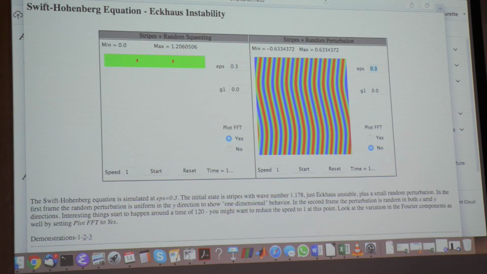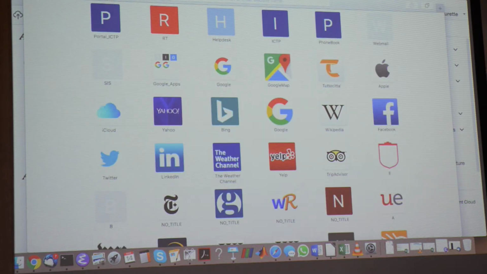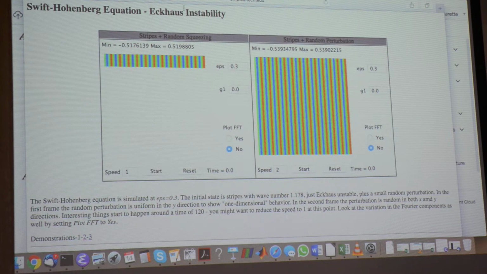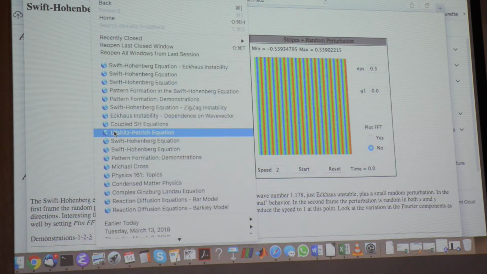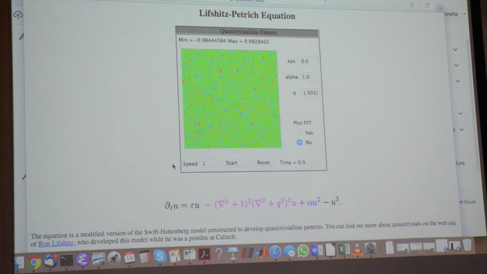Yeah, we did these demonstrations. I told you that the script homework could form quasi-patterns, even one like that. And look what's happening here.